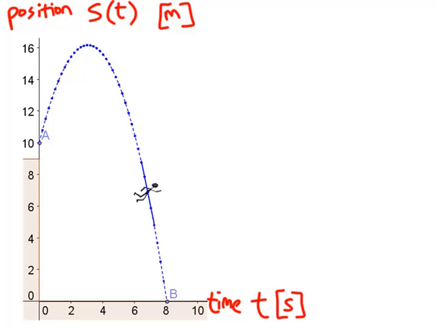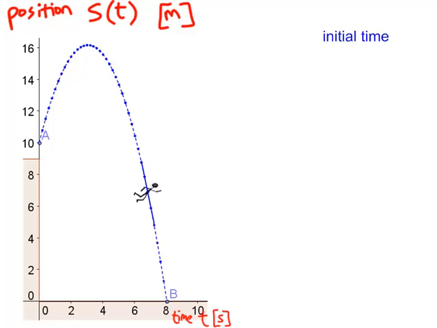All right, let's consider what we can tell from this picture. Let's consider first Justin's initial time and his initial position. So we're focusing on this point, which would be Justin's center of gravity.